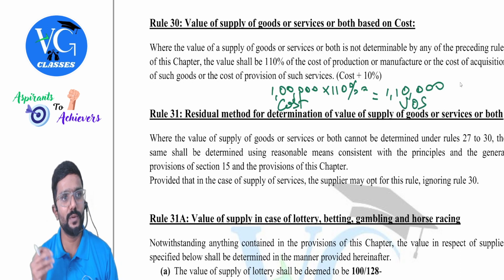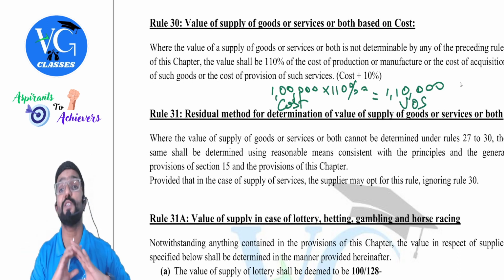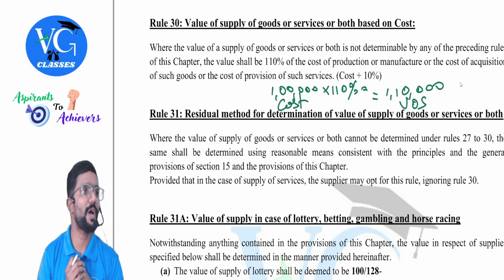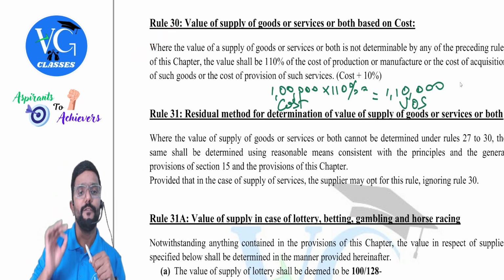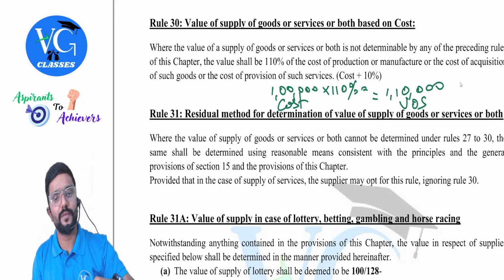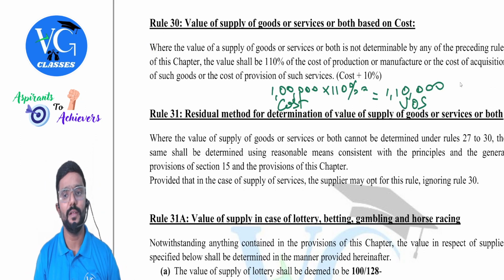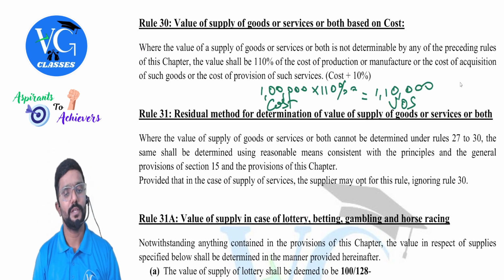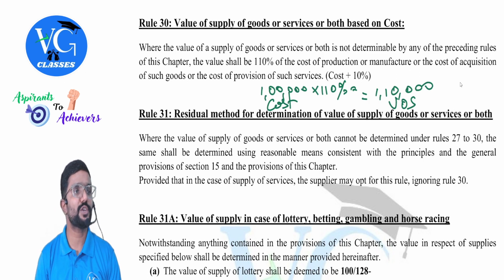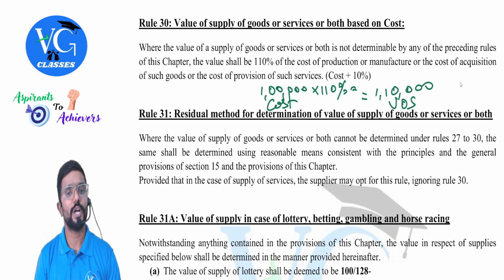Please be careful. This is only when open market value and all that is not available, I will go for cost calculation. That is rule 30. Where the value of supply of goods or services or both is not determinable by any of the preceding rules of this chapter, the value shall be 110% of the cost of production or manufacture, or the cost of acquisition, that is the cost of purchase of such goods, or the cost of provision of such services.